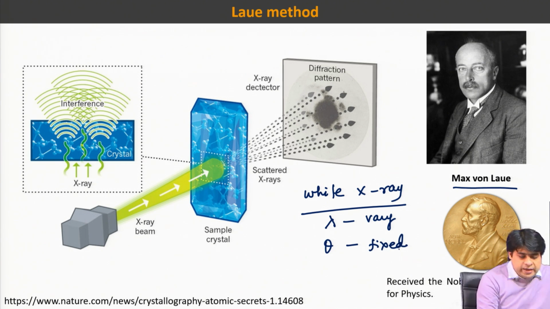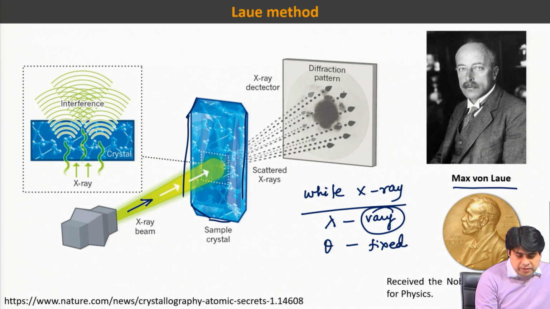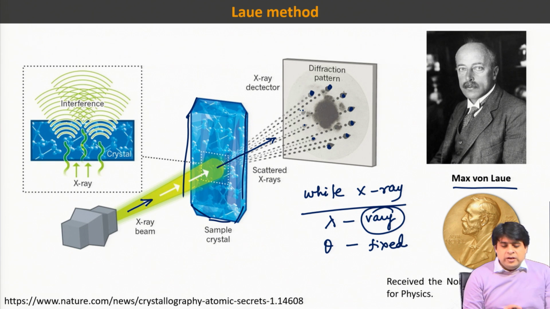When the X-ray, which has a wide range of lambda values, strikes the unknown sample crystal, there will be interference and scattering. It will give us a spot pattern, and this spot pattern is very useful for predicting the symmetry elements in your crystal structure.